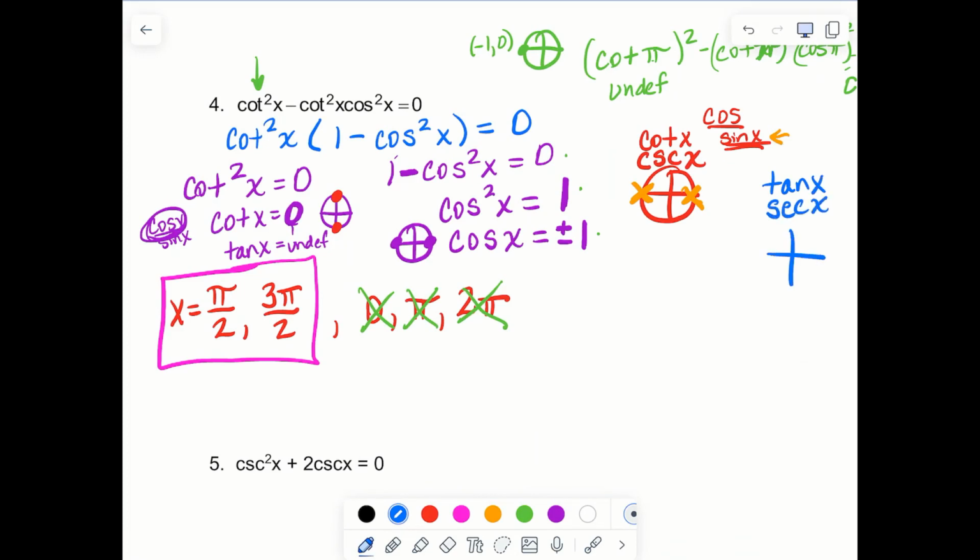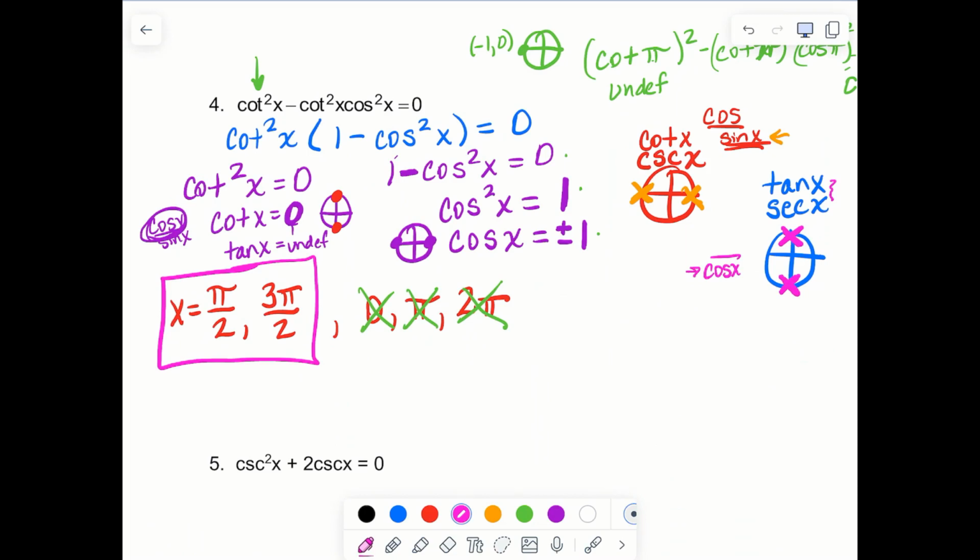What do tangent and secant have in their denominator? Cosine, right? They have cosine. Well, if cosine is in the bottom, that means that these two are going to be undefined when cosine is 0. That's here and here. So I would have to eliminate those.